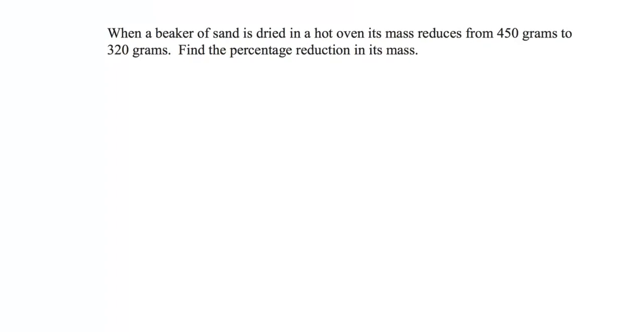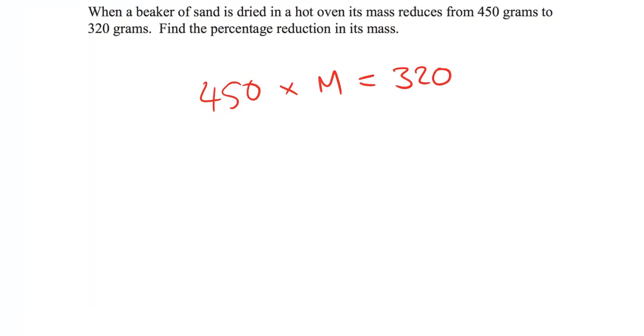When a beaker of sand is dried in a hot oven, its mass reduces from 450 grams to 320 grams. Find the percentage reduction in its mass. So the original amount was 450 times some multiplier, and it gave us a new amount of 320. Now, using the same process, we could think of it as an equation if you don't like the triangle. We're going to divide both sides by 450.